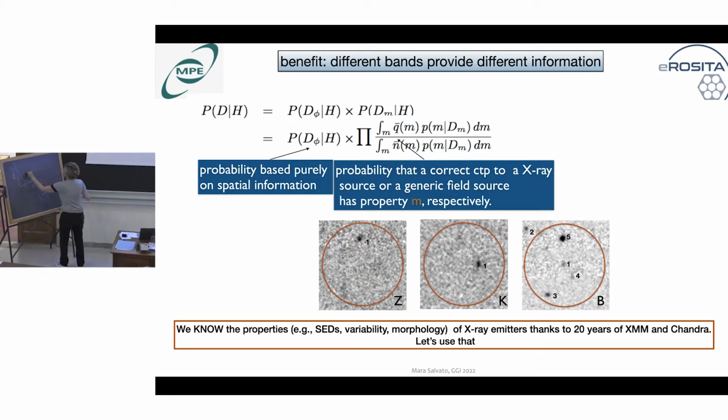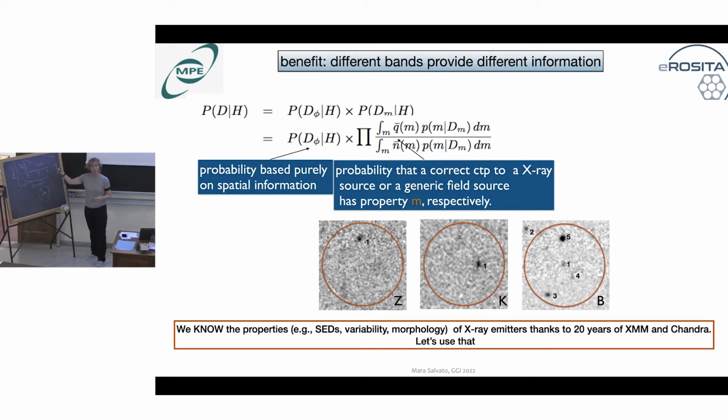If I put these slides in order, I have B, Z, K. The object is visible in Z, not in K, and very bright in B. So if I plot flux here, it is going to look like this. The B object, number one; this one here is only here, probably a star; and this one here is very bright only in K, so it is going to look something like that.